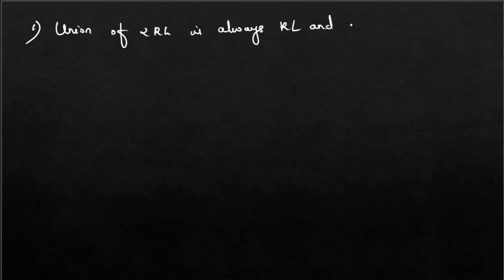So the very first is union of two regular languages is always a regular language, and union is commutative and associative.